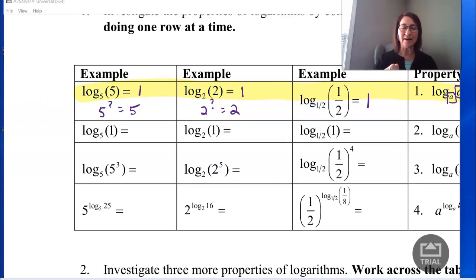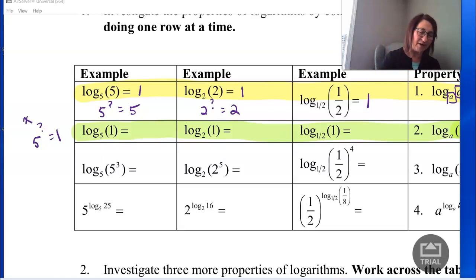Now, let's look at our second row. And so this one, let's start the same way, okay? We're asking ourselves, 5, that base of 5, raised to what power is going to give me 1? Well, remember the definition of a 0 power exponent.